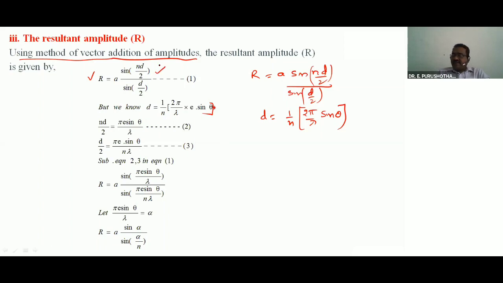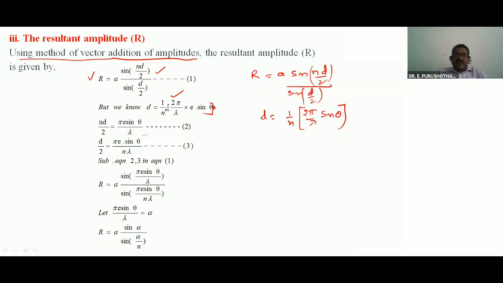R is equal to A sine nd by 2 by sine d by 2. This equation is known as vector addition of amplitude, where d is equal to, we know very well this value.